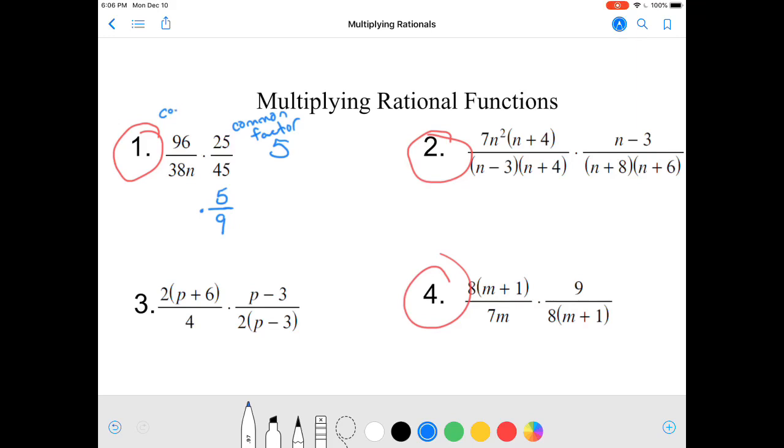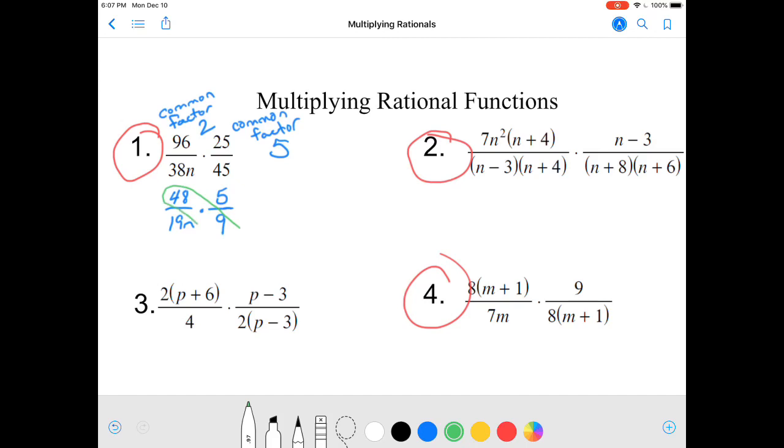96 and 38 share a common factor of 2. 96 divided by 2 is 48, and 38 divided by 2 is 19. So we have 48 over 19n. We're not done simplifying yet.